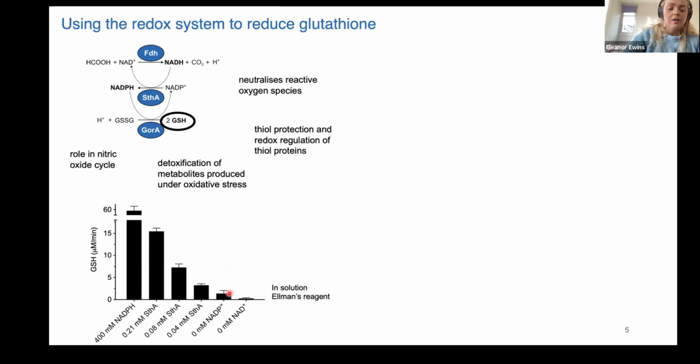And in these two bars, we see that there is some indirect affinity for NADH, so the reaction will still run, but much slower when no NADP is present. But then when we remove both of the cofactors, we see that virtually, well, no reduced glutathione forms.